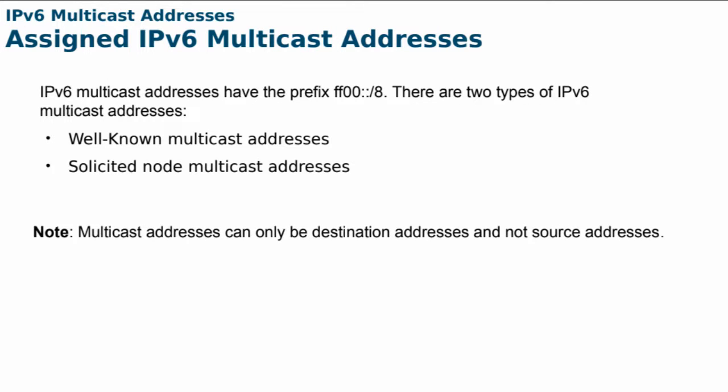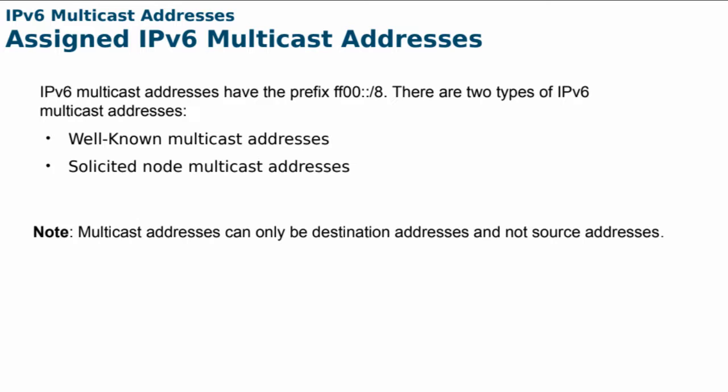Assigned IPv6 multicast addresses. IPv6 multicast addresses have a prefix. This is the prefix for IPv6 multicast. And there are two types of multicast, well-known and solicited node multicast addresses.